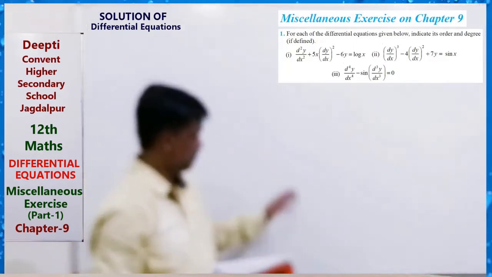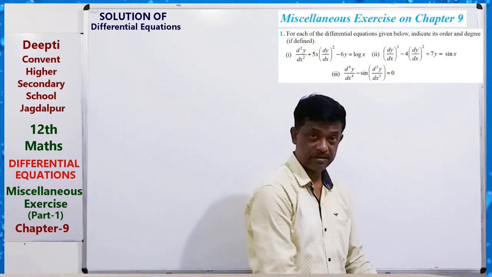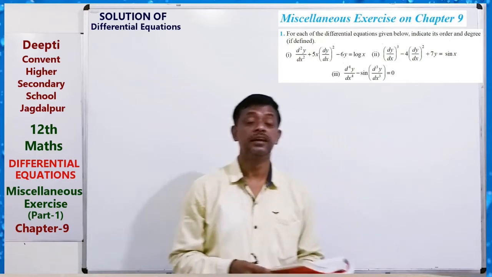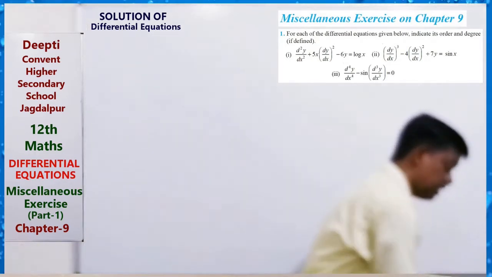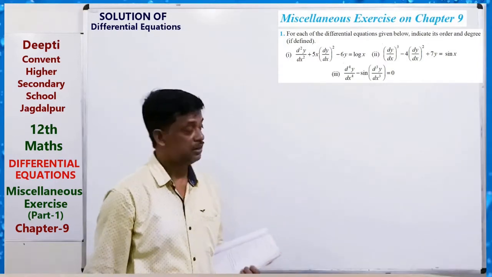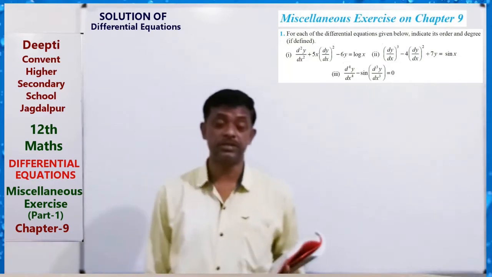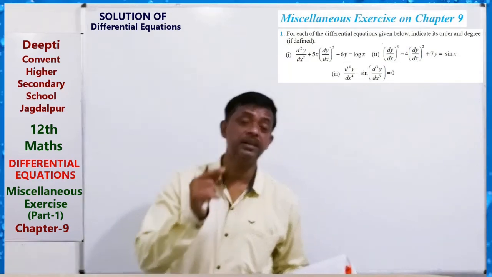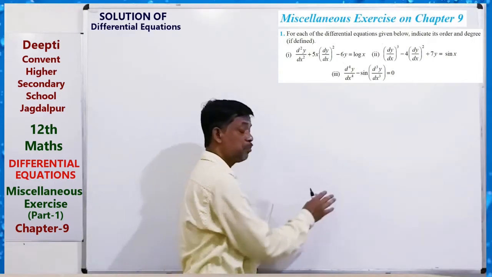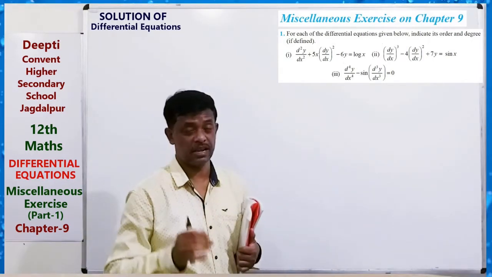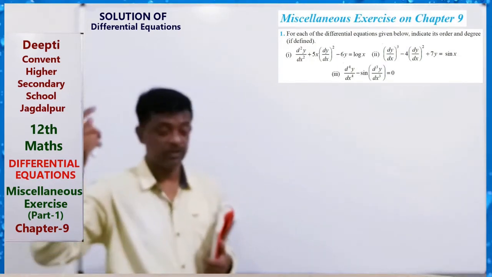The highest order derivative present in the differential equation is the order of the differential equation. Degree is defined only if the differential equation is a polynomial equation in derivatives like dy by dx, and it must be free from radical signs, meaning square root and cubic root.